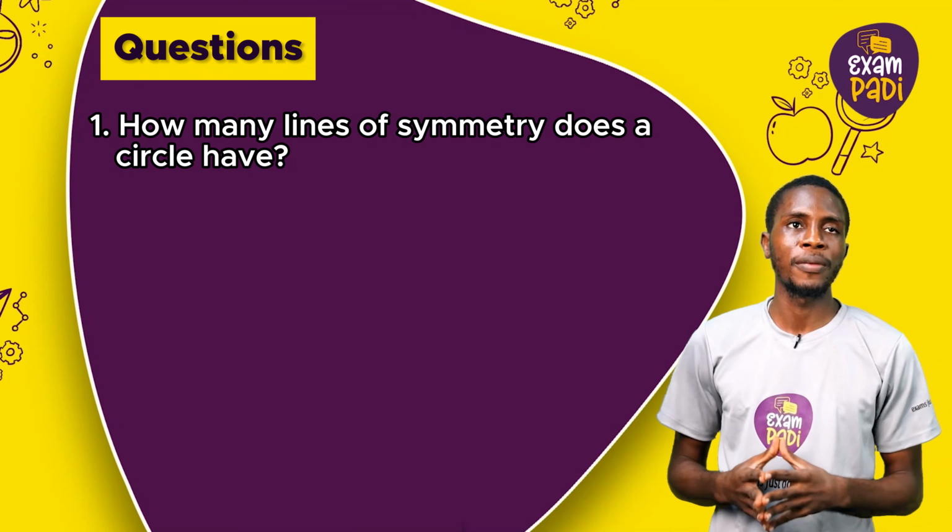And E. Diameter. 3. How many lines of symmetry does each of the following have? A. An equilateral triangle. And B. A scalene triangle. 4. List 3 fundamental properties of a rectangle and a square. And 5. State the differences between a kite and a rhombus.